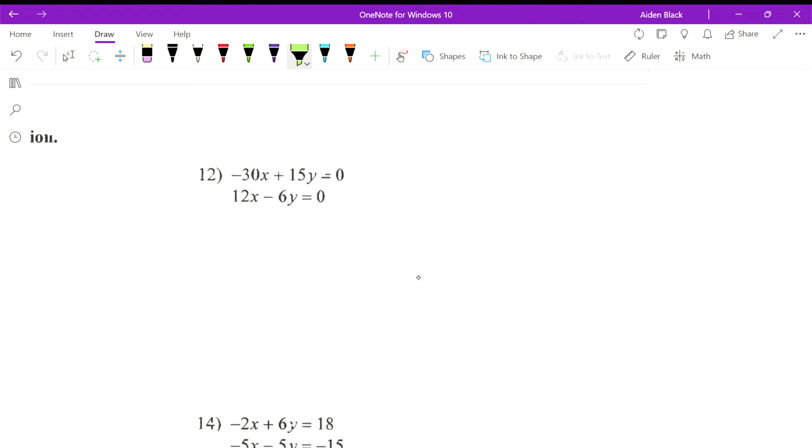This one, let's see, what's the easiest way? We need to make sure that the coefficients on one of the variables are exactly the same. So negative 30 and 12.